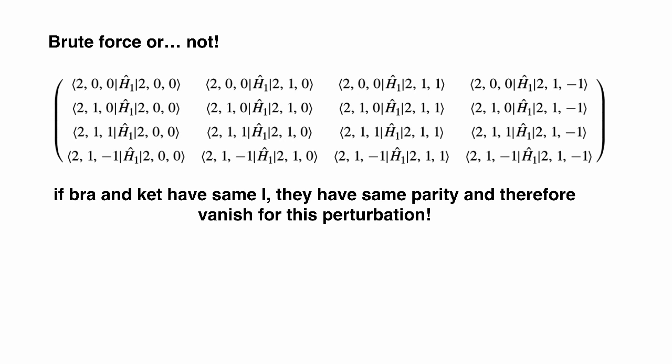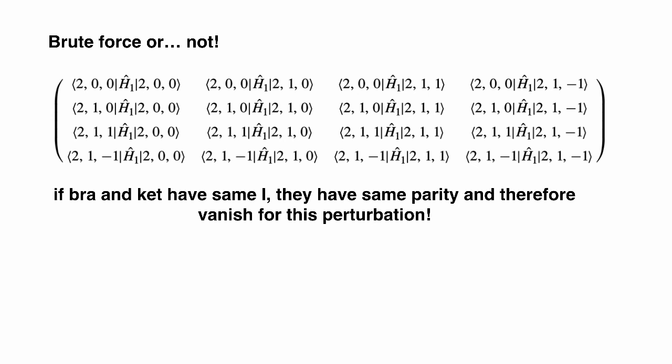Okay, what does that mean? Well, we know that the parity of the states is (-1)^L. This is what we did when we looked at the spherical harmonics. And if the same value of L means the same parity, and since H1 is really proportional to the operator Z, then we are integrating an even function times an odd function.